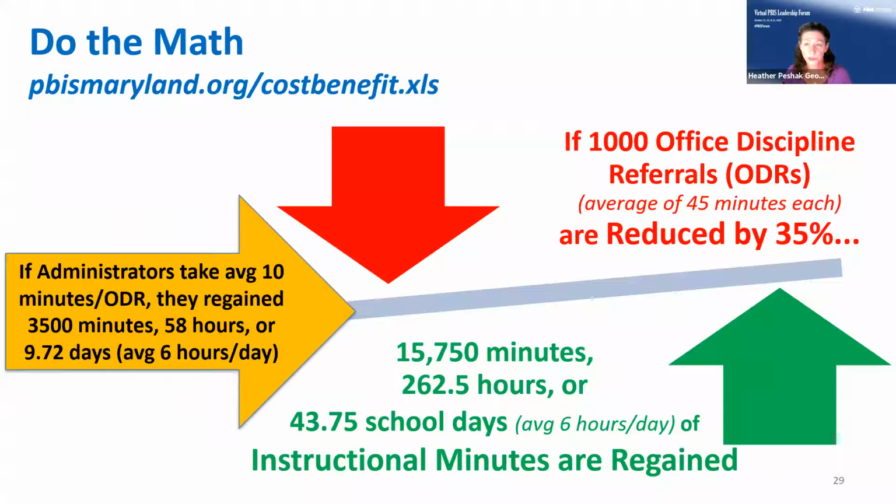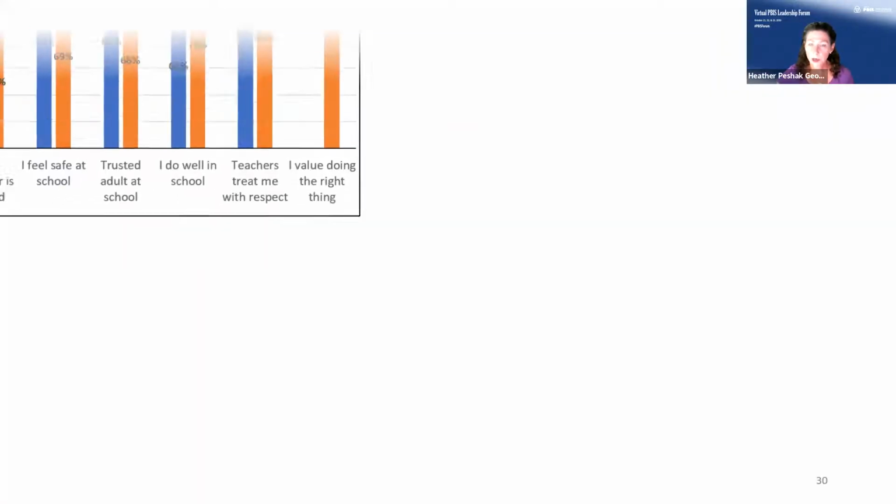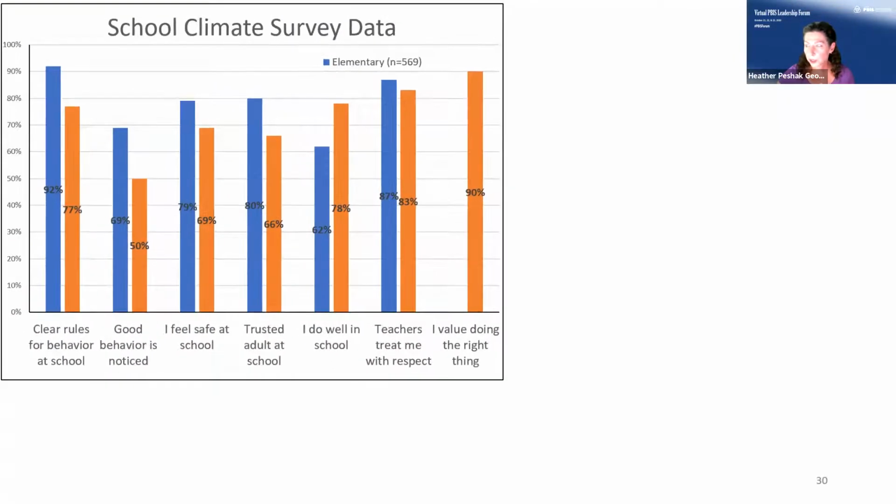What that means for the administrators is you regain 58 hours, or that equates to a total of almost 10 days that you get back on a 6-hour day on average, though I have yet to ever meet an educator or administrator who only had a 6-hour day. But that's why we want to work on preventing as much problem behavior from occurring.